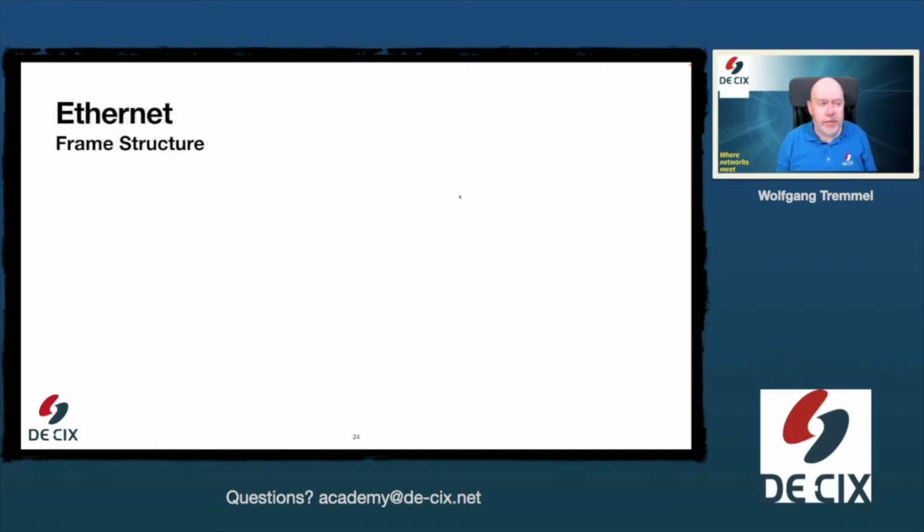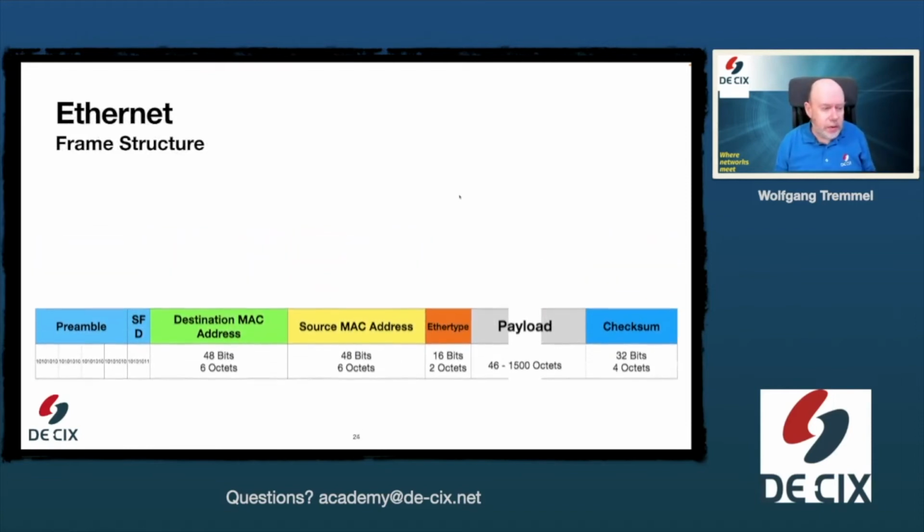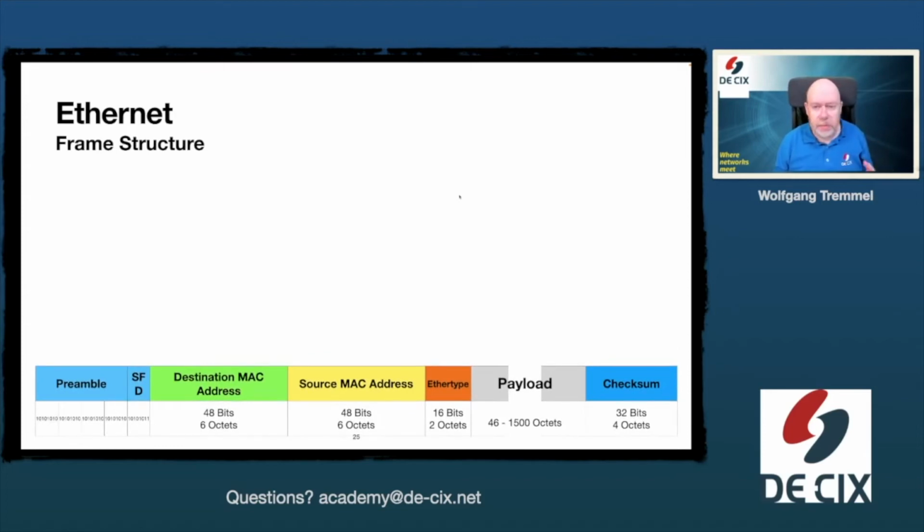But what does an Ethernet frame look like? I already mentioned that it has addresses, but it starts with a so-called preamble, and this comes from the radio days, because the preamble is simply 101010, and it ends with 11.